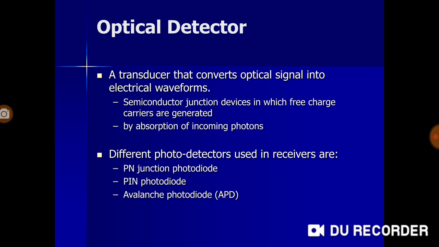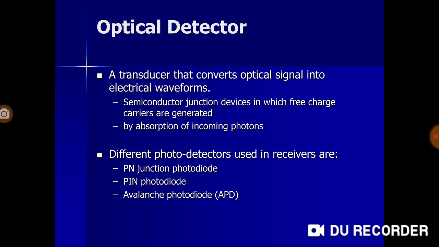And in physical structure or form, we can say it is a semiconductor junction device in which free charge carriers are generated by absorption of incoming photons. Whenever photons are incident on it, the junction devices, the semiconductor PN junctions that are used, generate carriers.